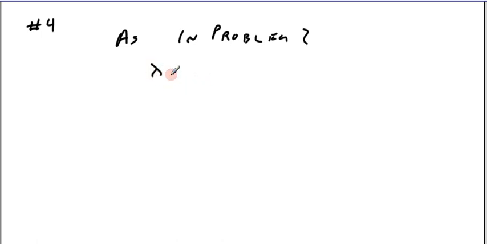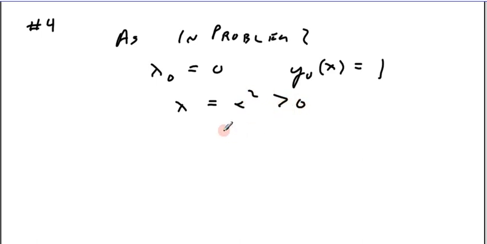We found that y sub 0 is 1 and lambda sub 0 is 0. That's from problem 2. And lambda is going to equal alpha squared, which is the same.